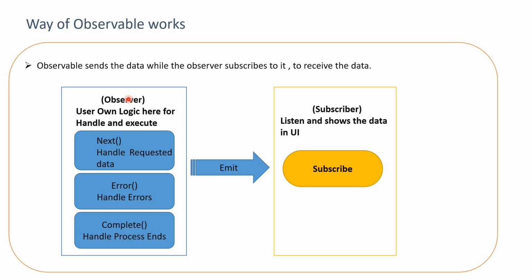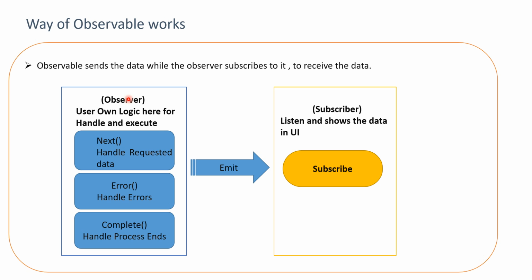Here the observer gives a portion of the data to the subscriber, conditionally. Suppose you are fetching 100 rows from the database. In the observer, you write your own logic.